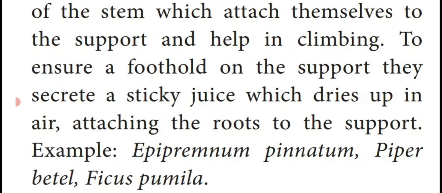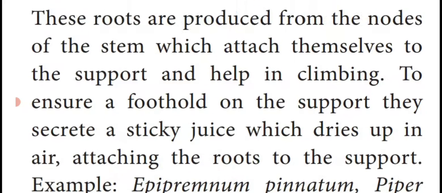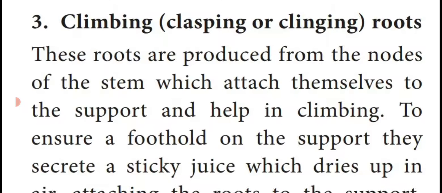Example, Epipremnum pinnatum, Piper betle, I told you vetrilai, and Ficus pumila. Epipremnum pinnatum is the binomial name of money plant. So those are all the examples of climbing root or clinging root.